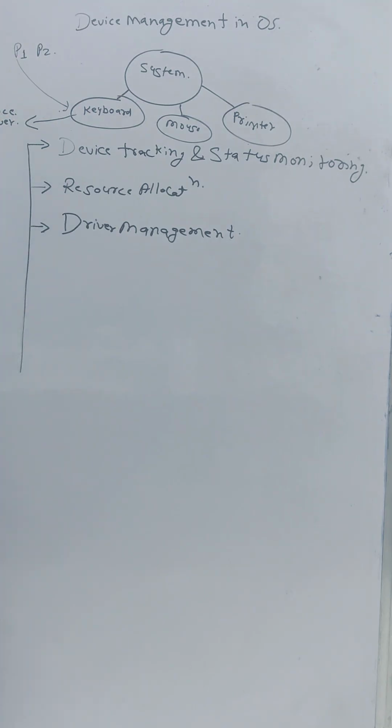This is a specific kind of software which is installed into your system for this particular device. So this is the software, the device driver. Each device will have its own device driver, which is already installed in your computer system.